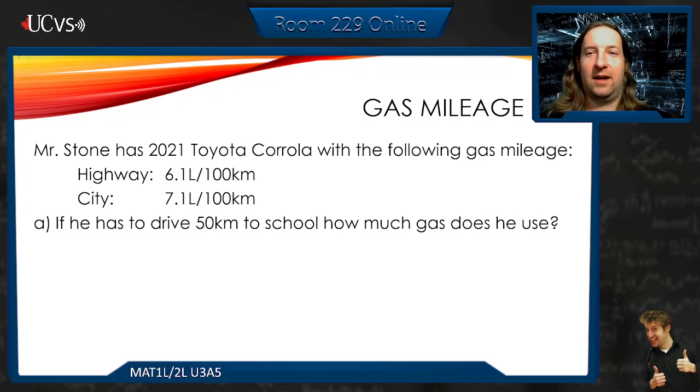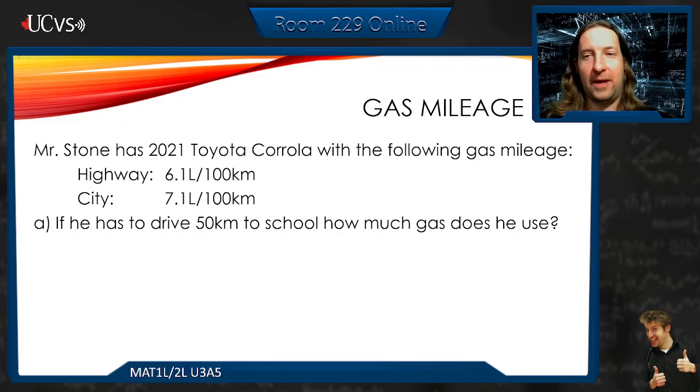They're going to have highway mileage, so that's driving in a straight line, mostly at the same sort of speed, and city, where you're stopping and starting, accelerating, decelerating, foot on the gas, foot on the brake, that uses more gas, right?